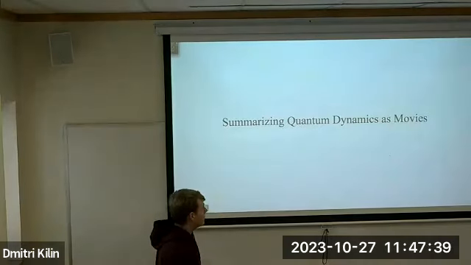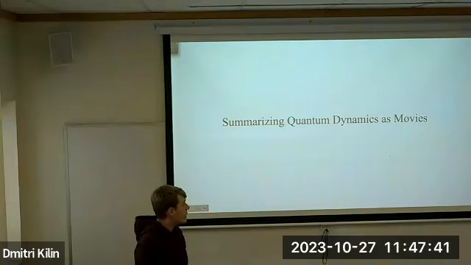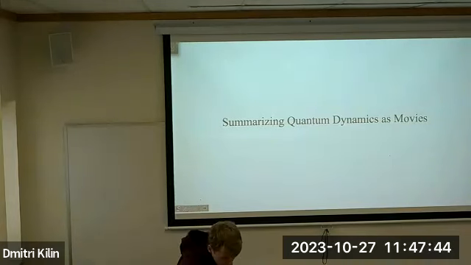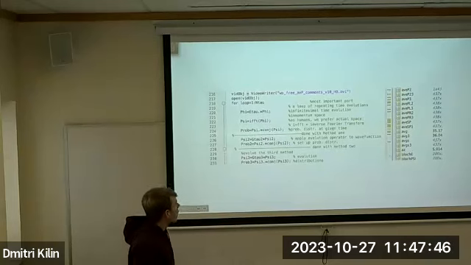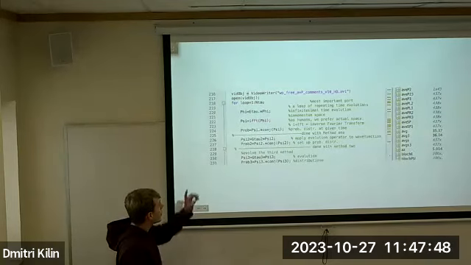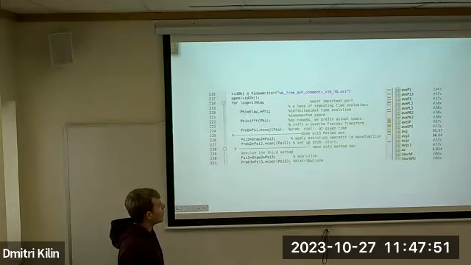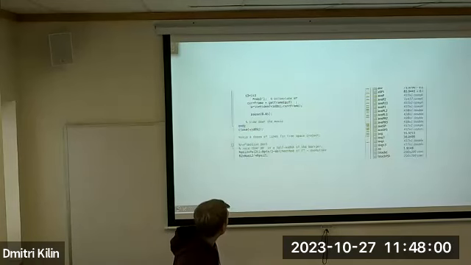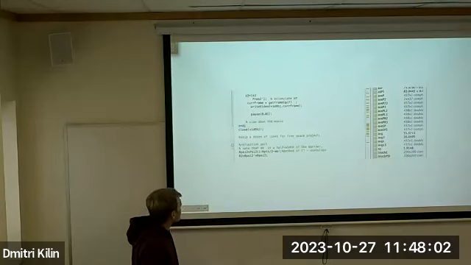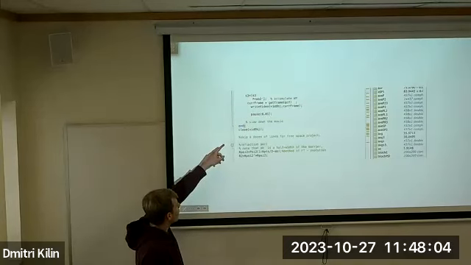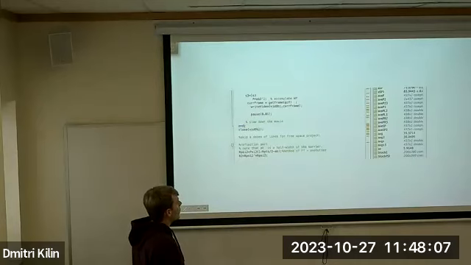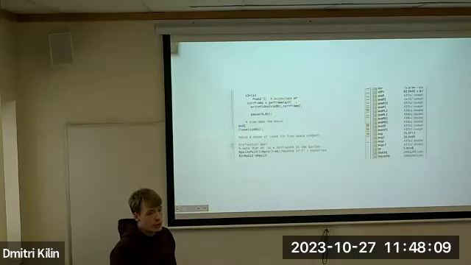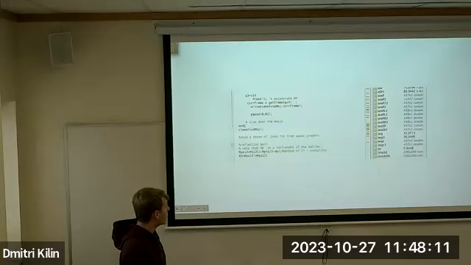All right, I'll be doing summarizing quantum dynamics as movies. So to start off, we want to do what we did before, where you define that you want to make the movie and put the title, and then you want to open the file before the loop starts. Then in the loop, you put the get frame and then write video so that it collects different frames for each iteration of the loop and then collects it to the video.